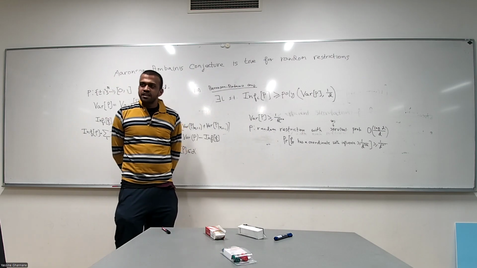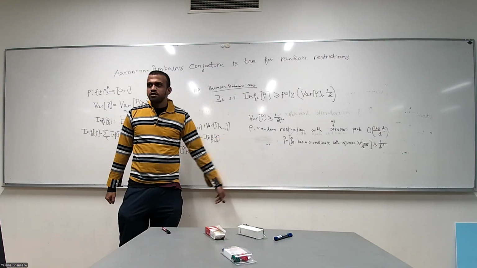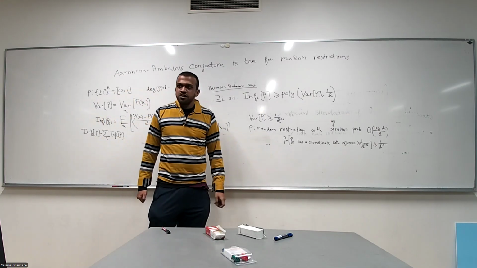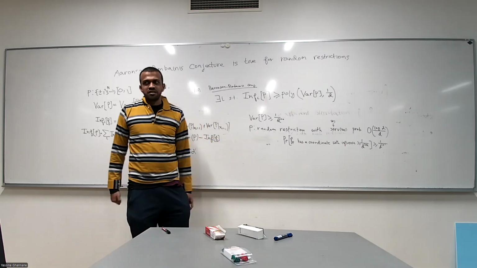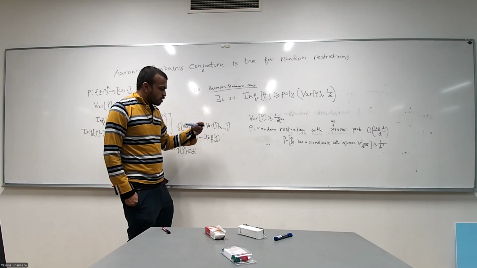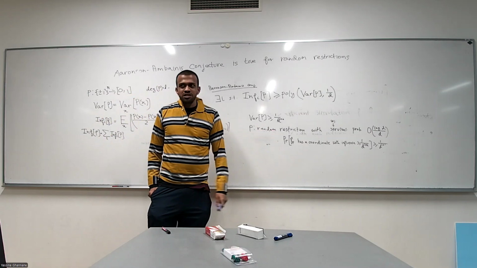Yes. You cannot simulate the original polynomial using this. But it can be considered some evidence of the conjecture being true because it's true for random restrictions. We could not show it for all polynomials, but this is some partial progress.